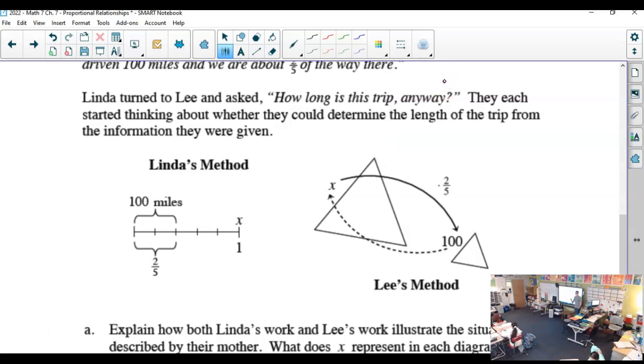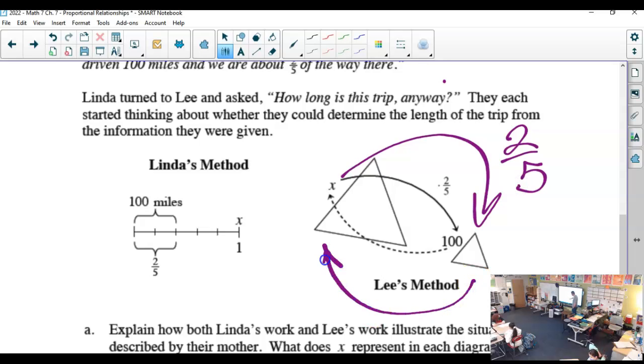So we just had on your homework last night how we can go the other direction. If the scale factor coming this way is 2/5, what would be the scale factor going the opposite way if we're still trying to multiply? Aiden?